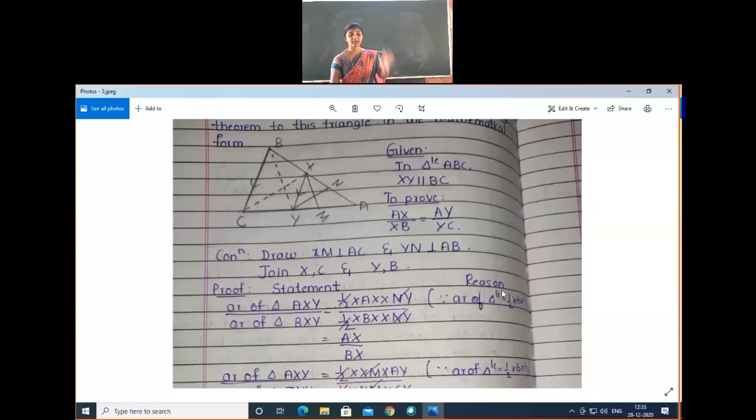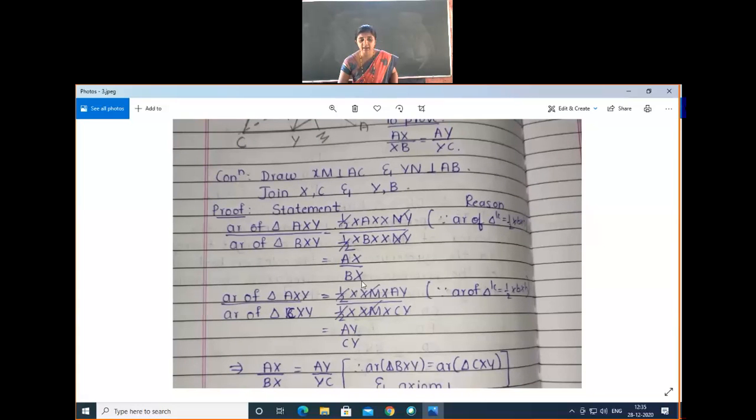In triangle AXY, half into base AX, height is NY. Divided by triangle BXY, base is BX, and the height is NY only, the 90-degree line. Then the half cancels, NY cancels, remaining is AX by BX.